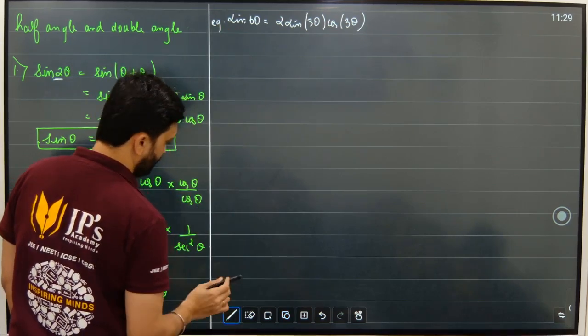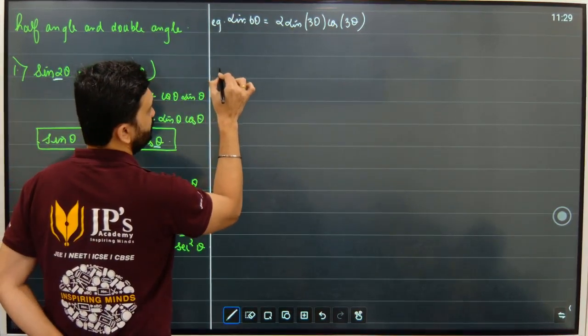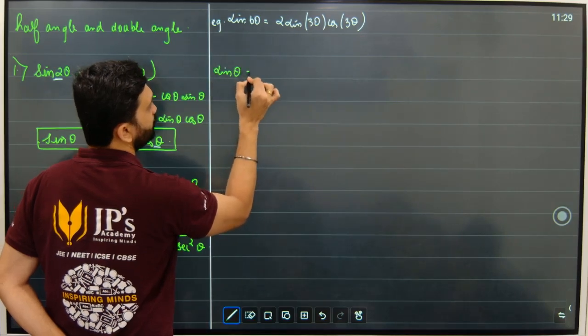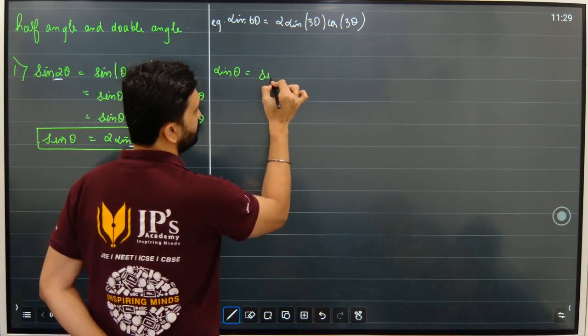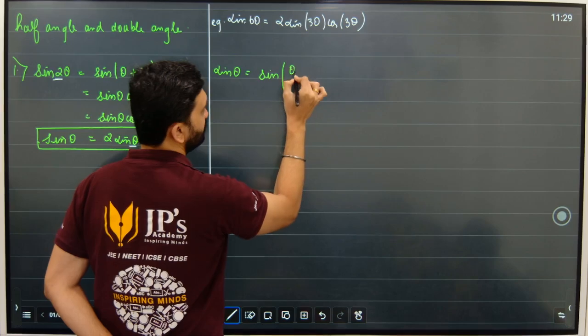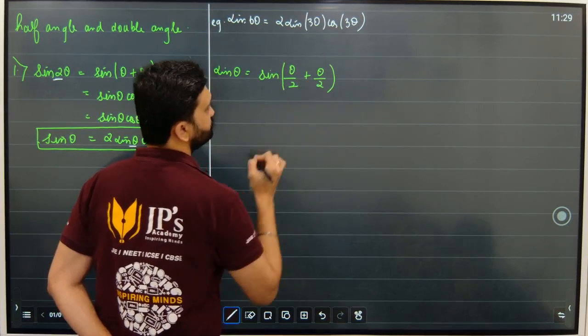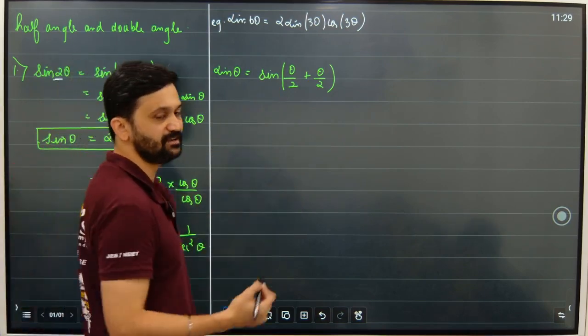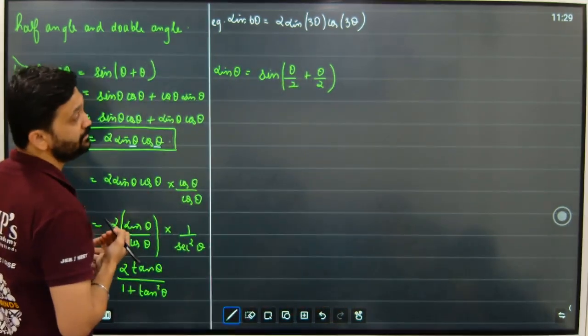In the same way, if someone asks me, what is the formula for sin theta? So how will I write it, see this, pay attention please. I can write theta as theta by 2 plus theta by 2. Because मुझे पता है कि theta by 2 plus theta by 2 will give you theta. Again, it's a compound angle, sin A plus B का formula.